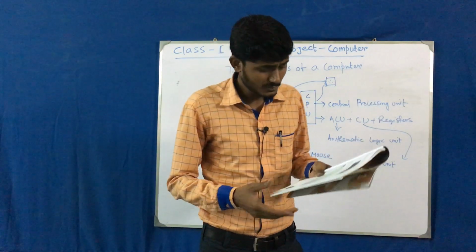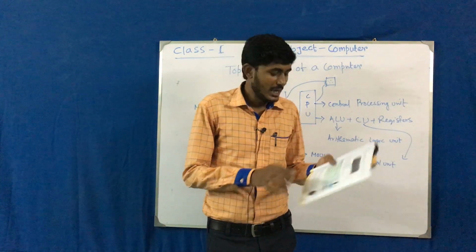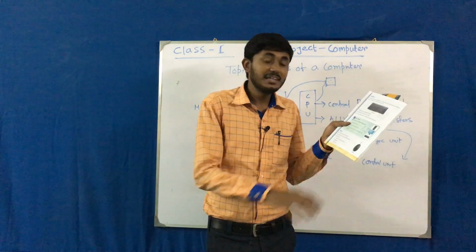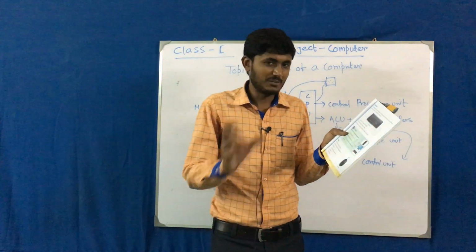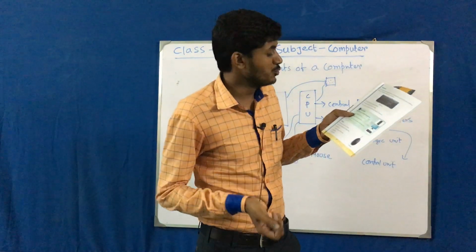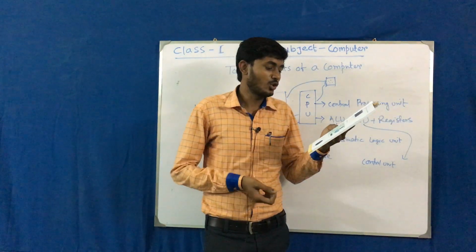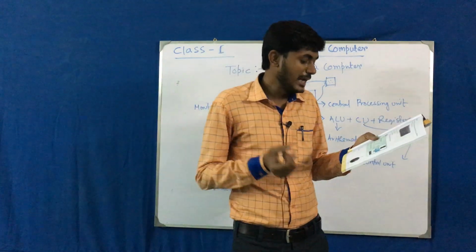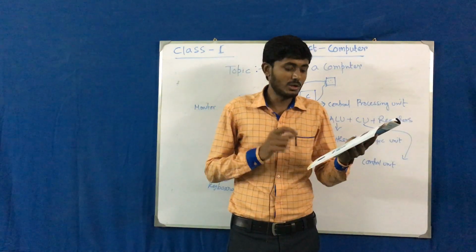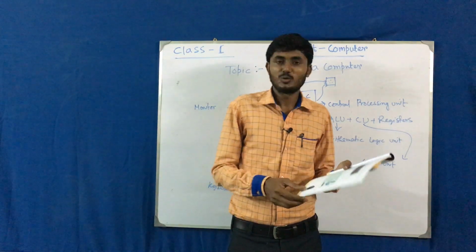So next one is mouse. A mouse looks like a real mouse. It has two buttons and a scroll wheel basically. It helps us point at things on the monitor, play games, draw pictures.